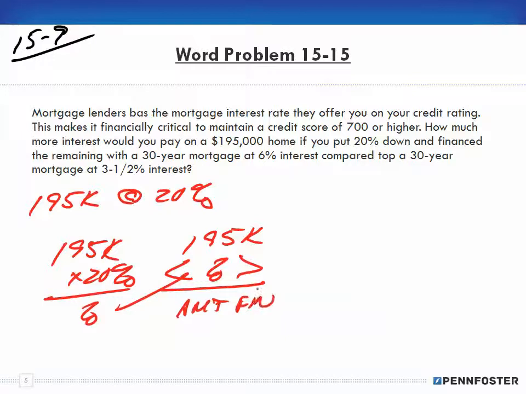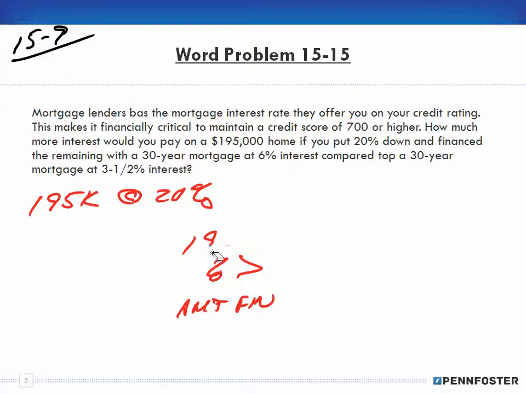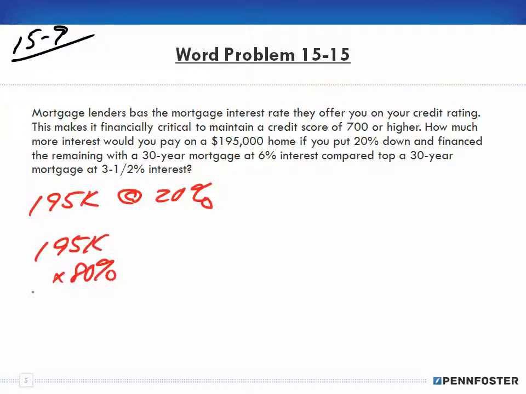That's one way of doing it, and you've seen me do that in the past. But just like I showed, if I put a down payment of 20%, the remaining amount that I'm going to finance is 80%. So I can actually take the 195,000 and multiply that by 80%, and that comes out to 156,000. That's the amount I'm going to finance.